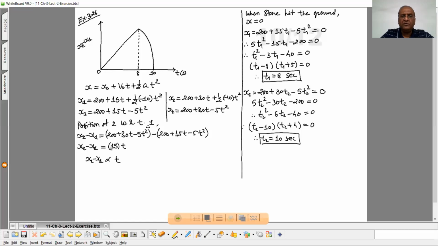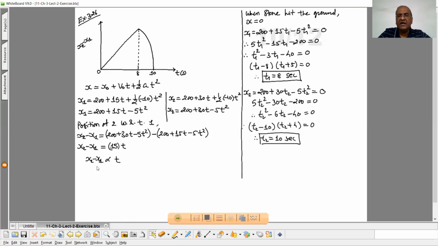Now the position of 2 with respect to 1, that is x2 minus x1. So x2, that is 200 plus 30t minus 5t square, minus (200 plus 15t minus 5t square). Now if we solve this, we get x2 minus x1 equal to 15t. So x2 minus x1 is directly proportional to time t, as we can observe.